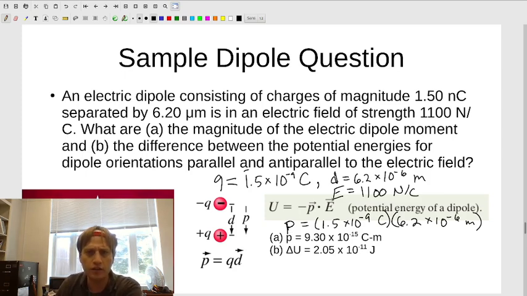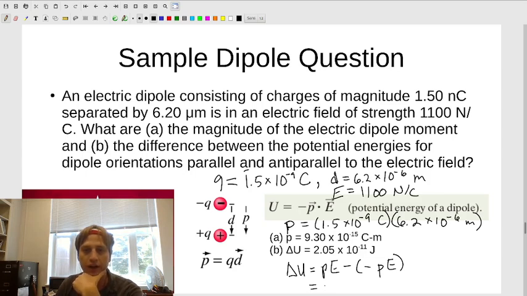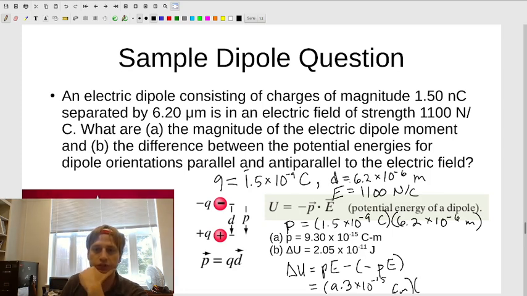And then if you want to find the difference between the potential energies for parallel and anti-parallel, well, if I start out parallel, I'm going to have negative P times E. And then anti-parallel is going to have a positive P times E. So if I want to find the difference between those, it would be essentially PE minus a minus PE equals, and then you're going to have to take 9.3 times 10 to the minus 15th coulomb meters times the electric field strength, which is 1100 newtons per coulomb.